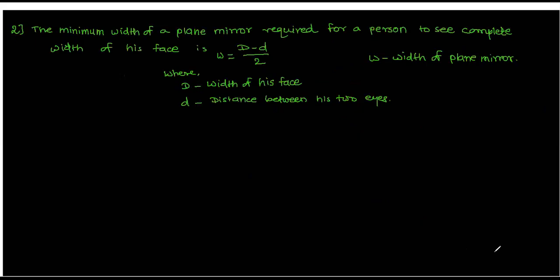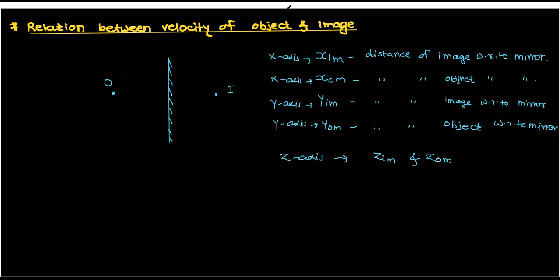So shall I write here now what I am writing? See, XIM is equal to minus XOM if the object is placed like this along the x-axis. Next one, YIM is equal to YOM along the y-axis, and similarly ZIM is equal to ZOM.